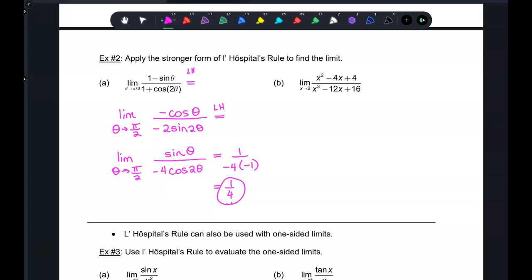Just trust me, you get 0 over 0. So 2x minus 4 over 3x squared minus 12, and we get 1/6.